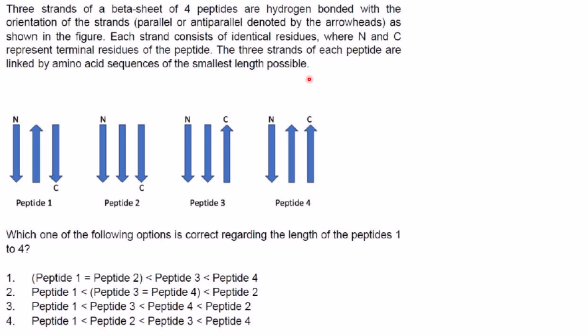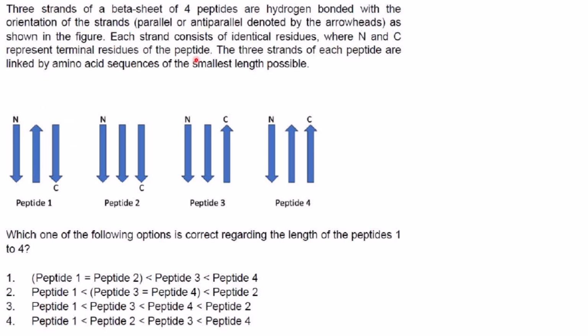They have not shown here the strands linked with peptide sequences, or I can say with small peptides. They have not shown the linkage between the strands with these peptides.